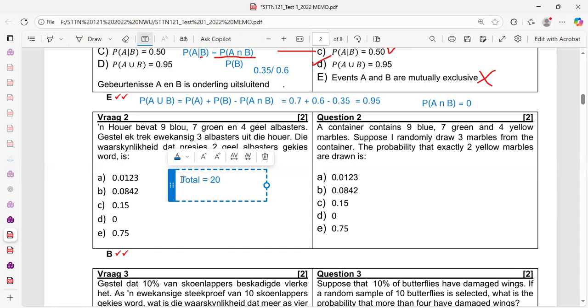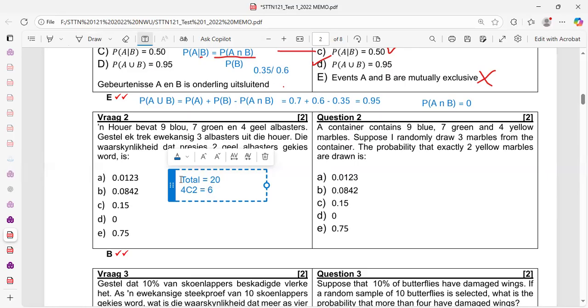Since you are dealing with the combination, I've explained the method of using the C on the calculator. 4 combination 2 is equal to 6.